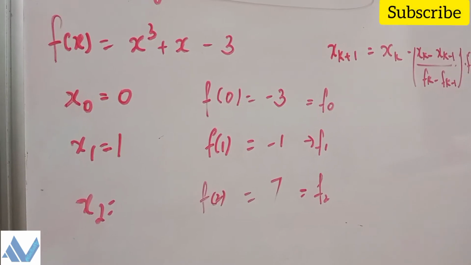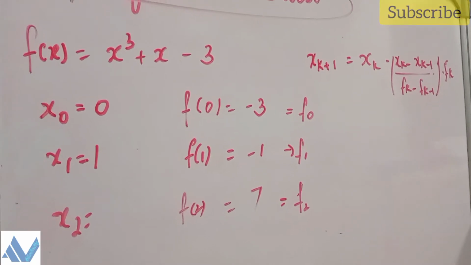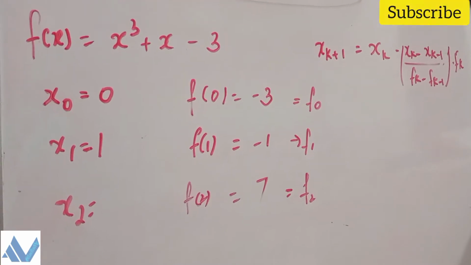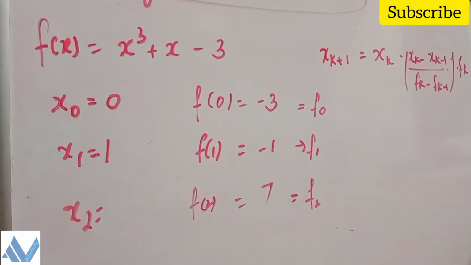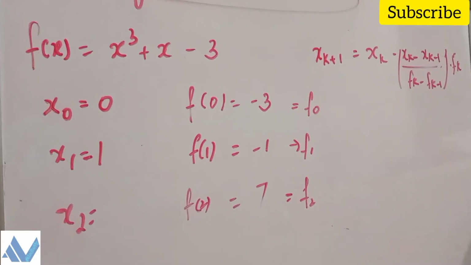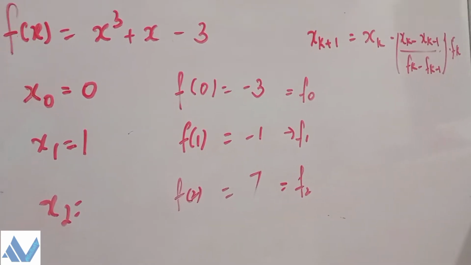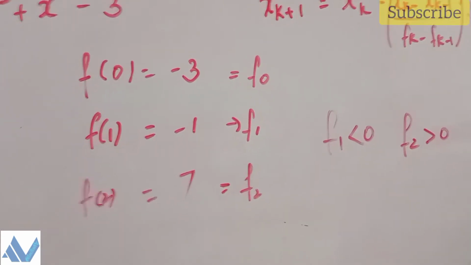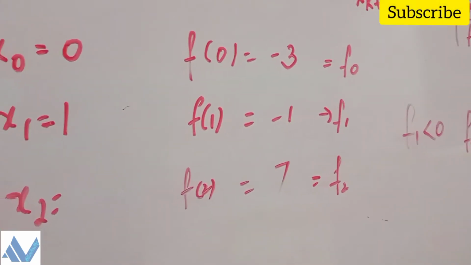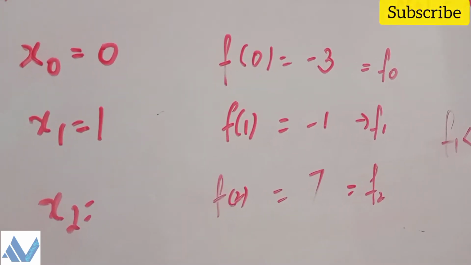So f1 is less than 0 and f2 is greater than 0, and now we substitute it in the formula. So like this, it is a mix of bisection and secant. Only thing is that we do not find a plus b by 2, except that, everything else is the same. So the root lies between f1, that is minus 1, and f2, that is 7.